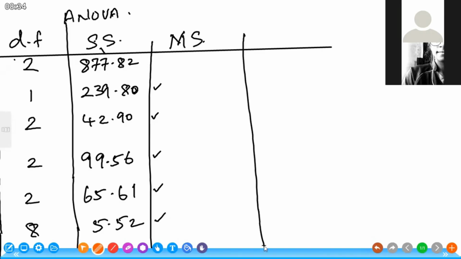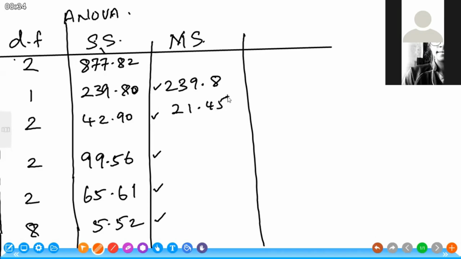Give me the mean square for irrigation. 239.8. Okay. What about error A? 21.45.